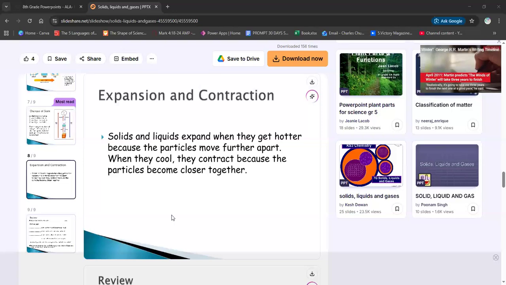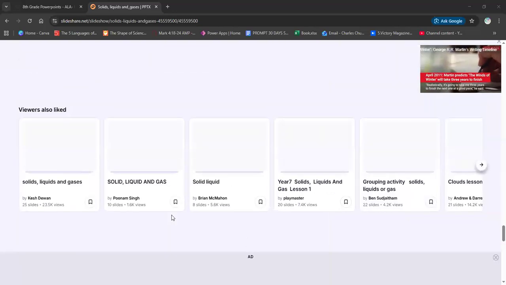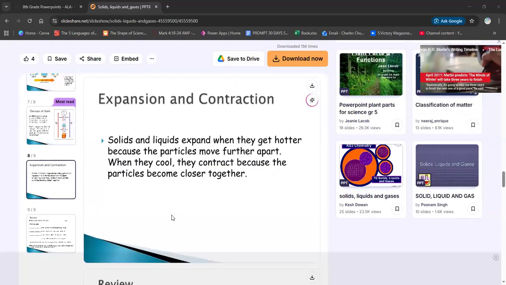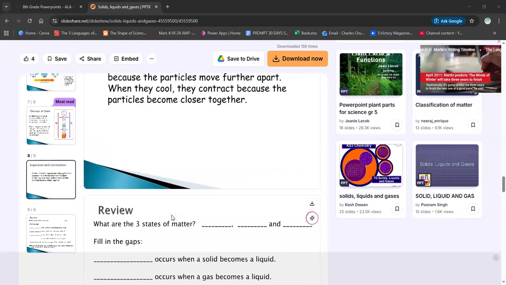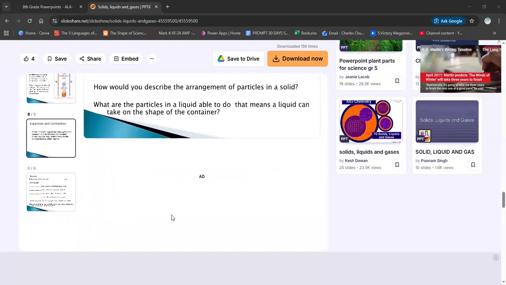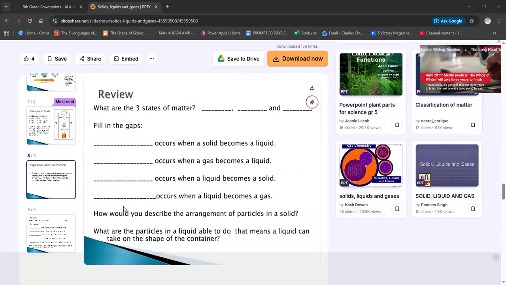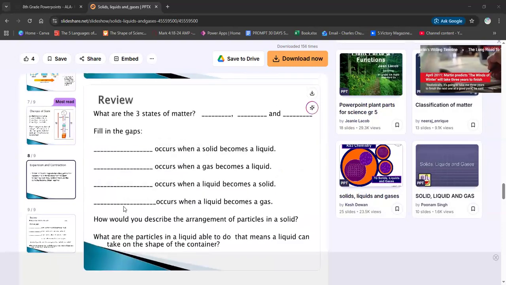Okay. All right. So basically, like I said, the opposite of expansion is what? Contraction. So you can see the concept there. Solids and liquids expand when they get heated, because the particles move further apart.